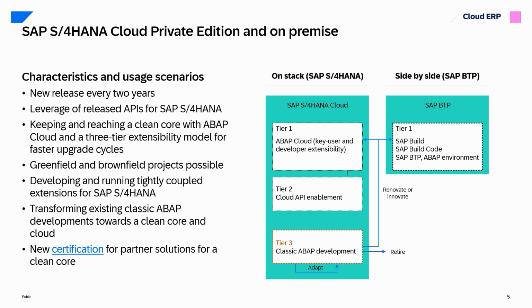The central piece of your Clean Core development inside of S/4HANA Cloud Private Edition is the 3-tier extensibility model. So ideally, you develop all new extensions in Tier 1, and they are per definition cloud-ready because you develop them in separate software components, switch the language version to ABAP for cloud development, and therefore you are absolutely cloud-ready there.